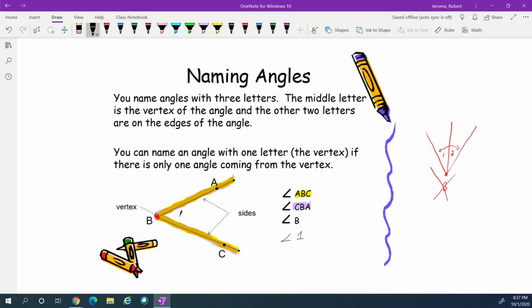The other thing you'll notice is sometimes, and usually this is with handwriting, people put the little arc in it so that it doesn't look like a sloppy L. Now that's personal preference, but you'll see it both ways. So I'm showing it to you now. That all means the same thing. And again, that 1, it's not the measurement. It's just a reference, a short name for it, a little nickname.